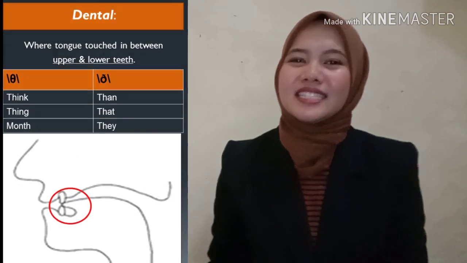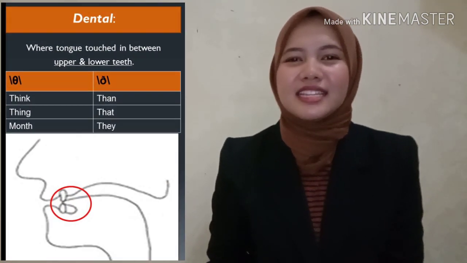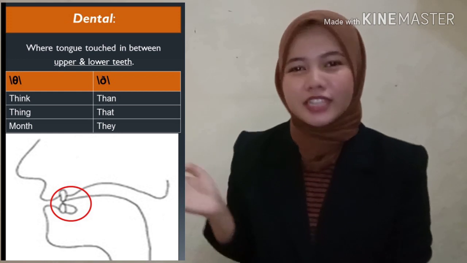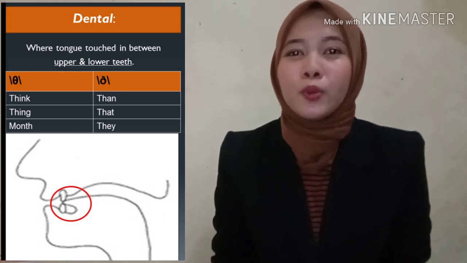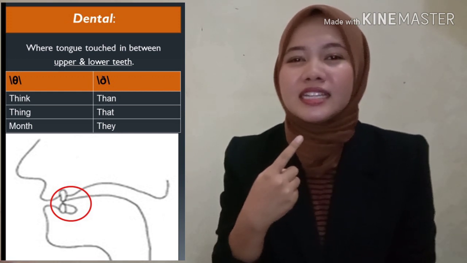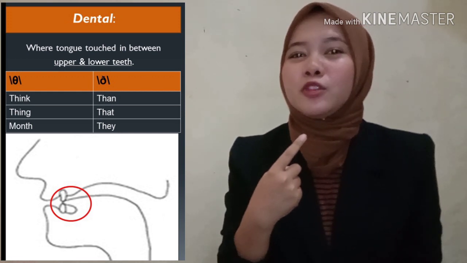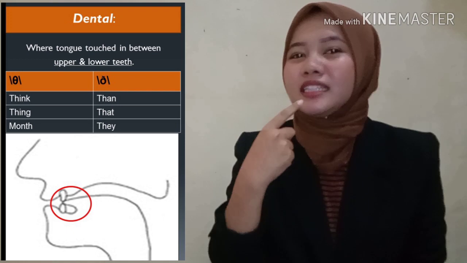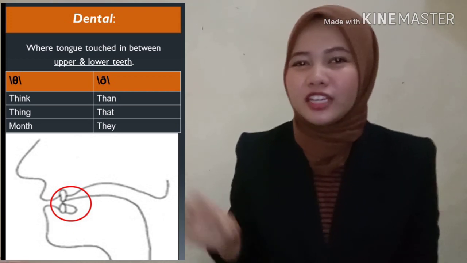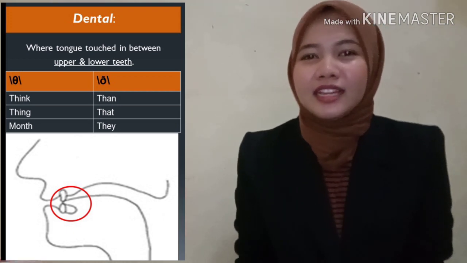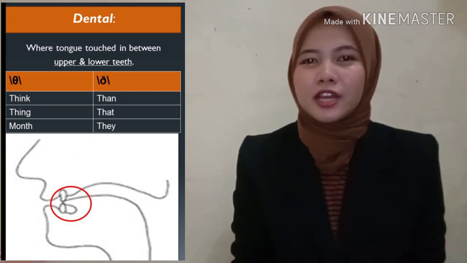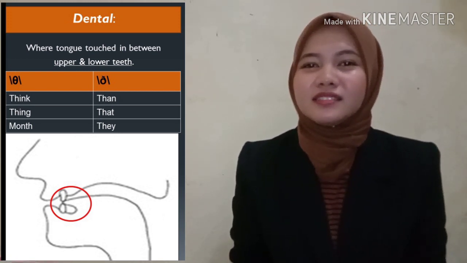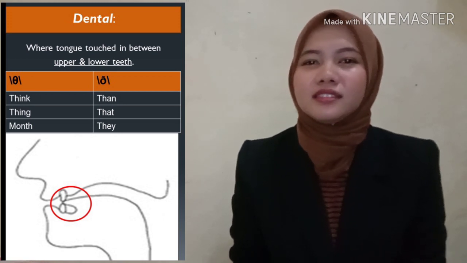Next, we are going to slide number 3, that is dental. You can look at the picture. Dental is a movement where the tongue touches in between the upper and the lower teeth, and this place produces the sounds th and dh.